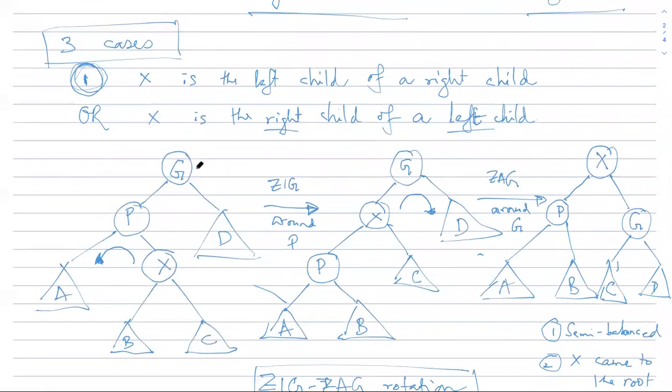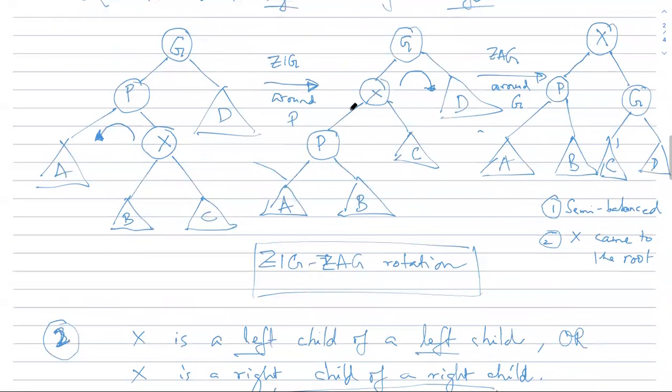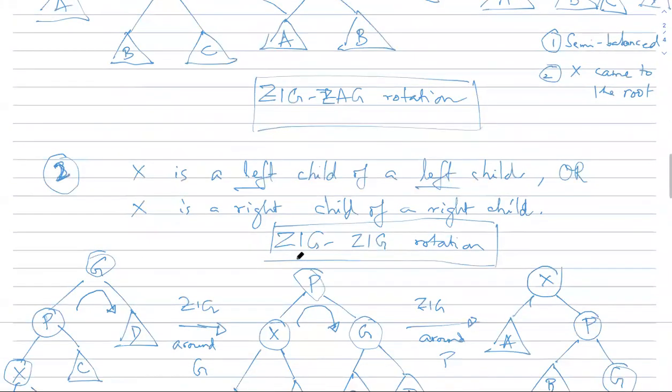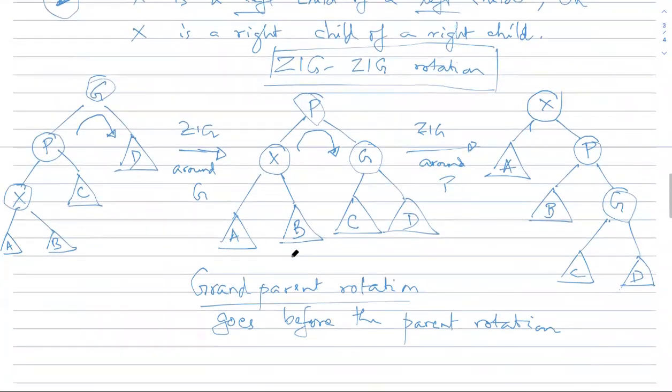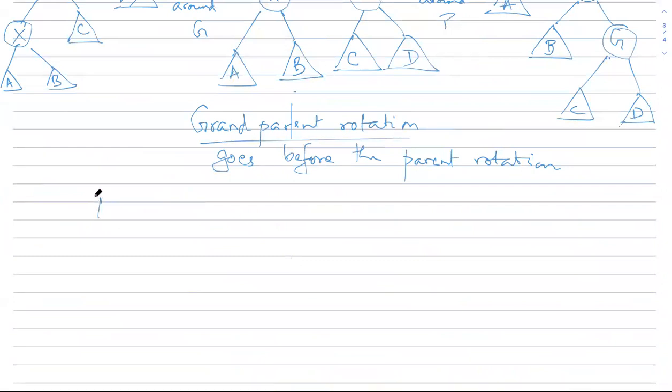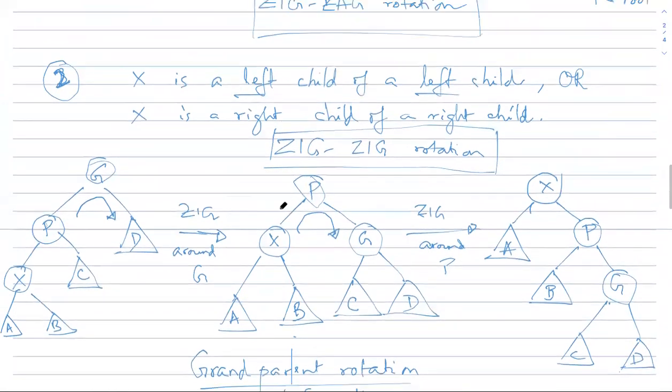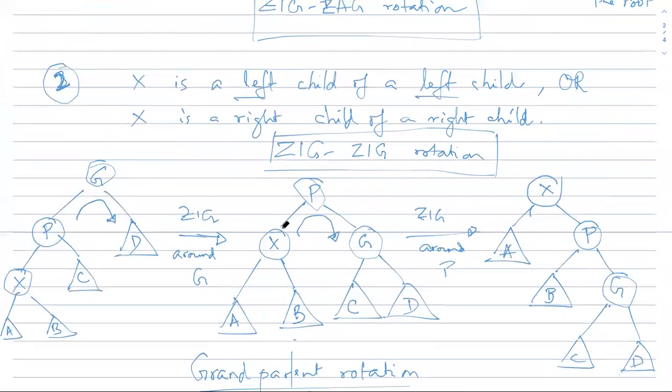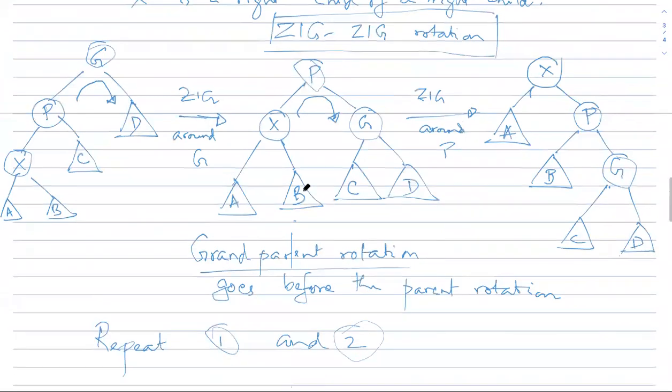In this way, we keep asking this question and we just keep applying these steps until there are two scenarios that are possible. You continue to repeat step 1 and step 2 until you may reach the status where the concerned node, which in this particular case is X, that we are trying to bring to the root, has already become the root.